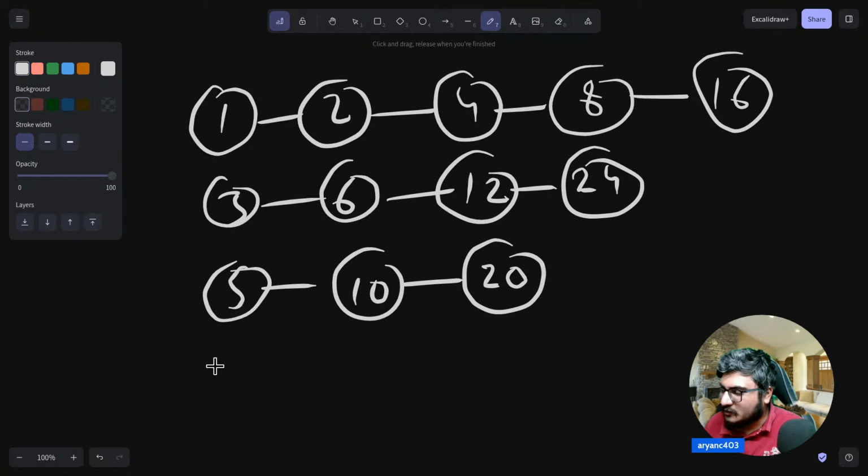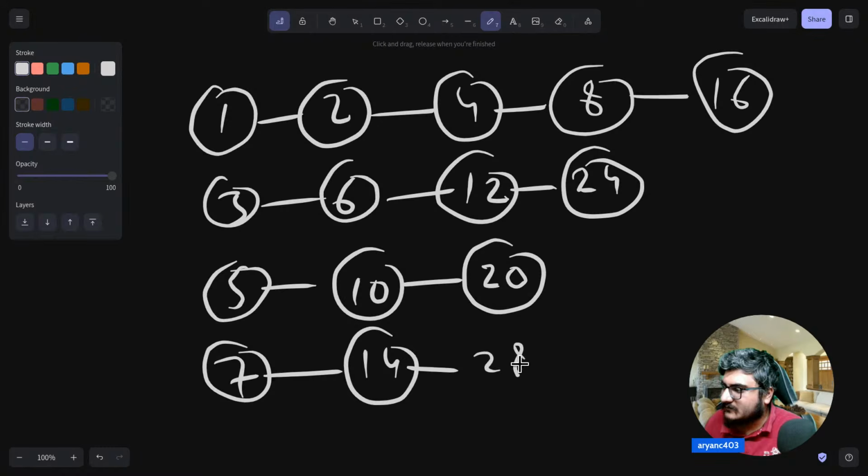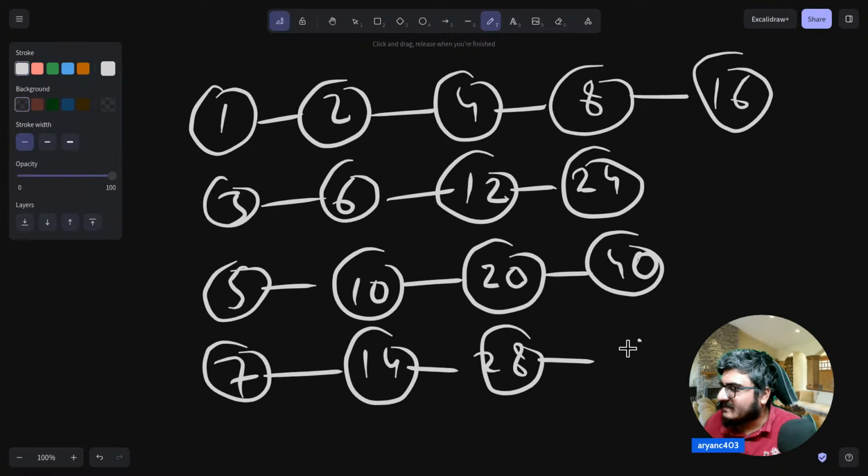You can also try to form classes like this: 7, 14, 28, and so on. This list keeps on going. This would be swappable with 40. The next would be 56, and so on. These are the indexes you can swap in whichever way you want.